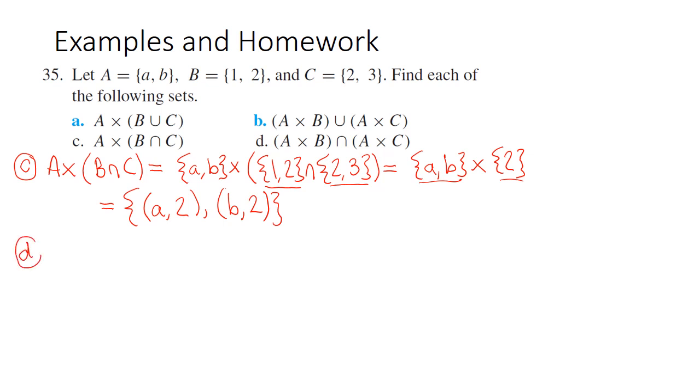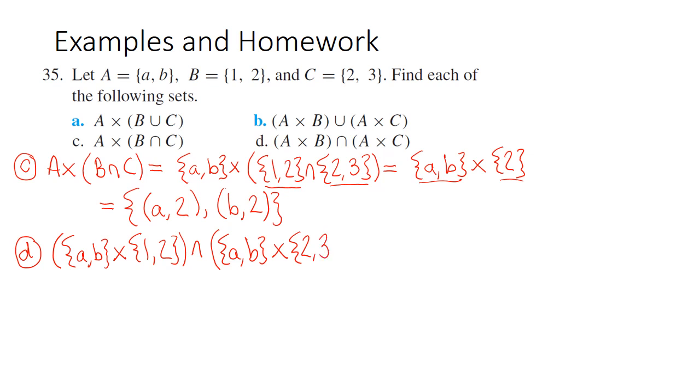So part D is a little more tricky, I think. Again, I'm just going to substitute everything from the definitions. So this is ({a, b} cross {1, 2}) intersect ({a, b} cross {2, 3}).